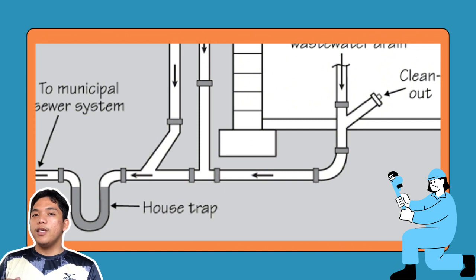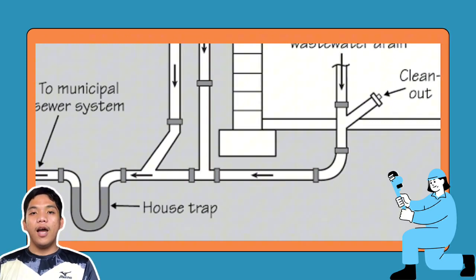So this is an example of the house trap. As you can see in the picture, merong U-shape dyan, and that is the house trap. And nakikita niyo yung parang grayish na kulay, and that is the water.